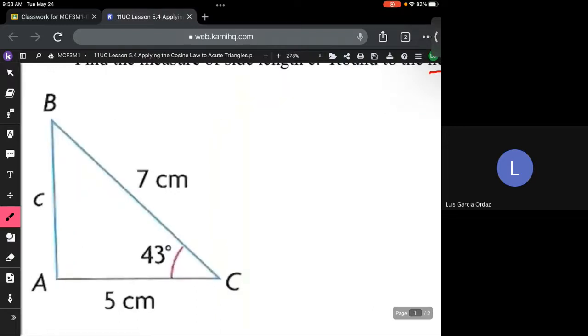C squared is equal to A squared plus B squared minus 2AB times cos of C. So we're going to use C squared is equal to A squared plus B squared minus 2AB times cos of my angle C.